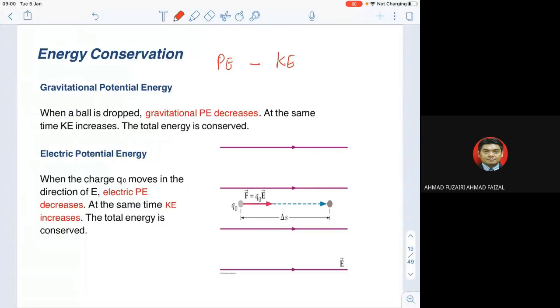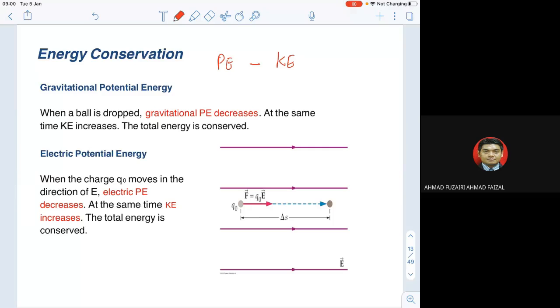Let's say we drop the ball. When we drop the ball, the potential energy will decrease, and at the same time the kinetic energy increases.